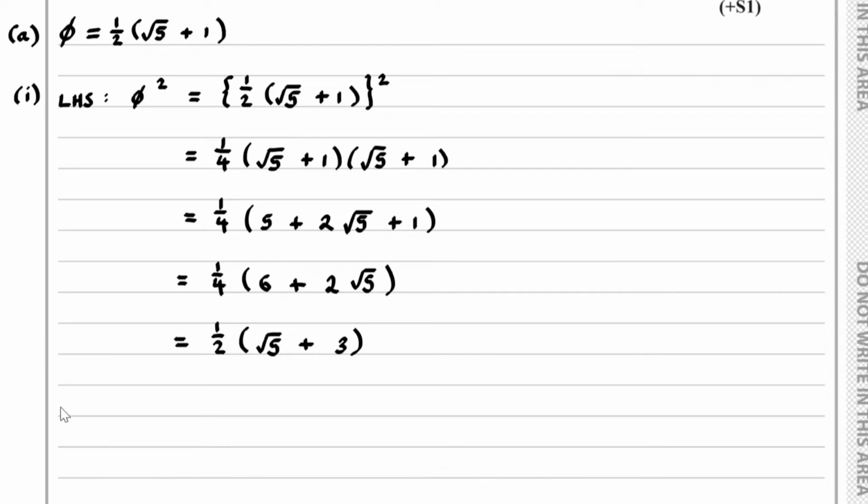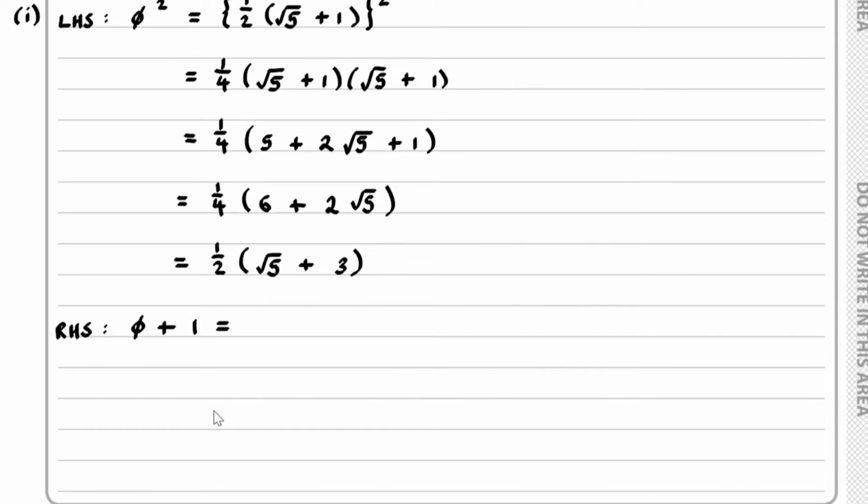Now on the right hand side, we have phi plus 1. So we have phi, which is 1/2 times root 5 plus 1, and then we are adding another 1. So we've got 1/2 times root 5 plus 1 plus, and then here we have 2 over 2.